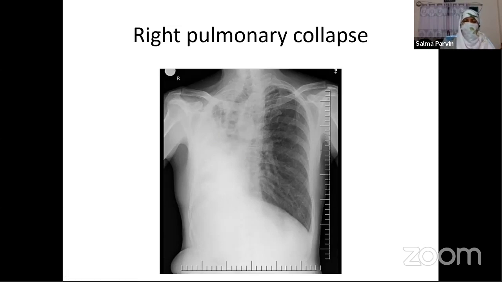The large left air space is hyperinflated, which is compensatory to the collapsed right lung, as usually happens. So the right lung is totally collapsed with gross mediastinal shifting to the right, and there is hyperinflation of the left lung seen in this chest X-ray.